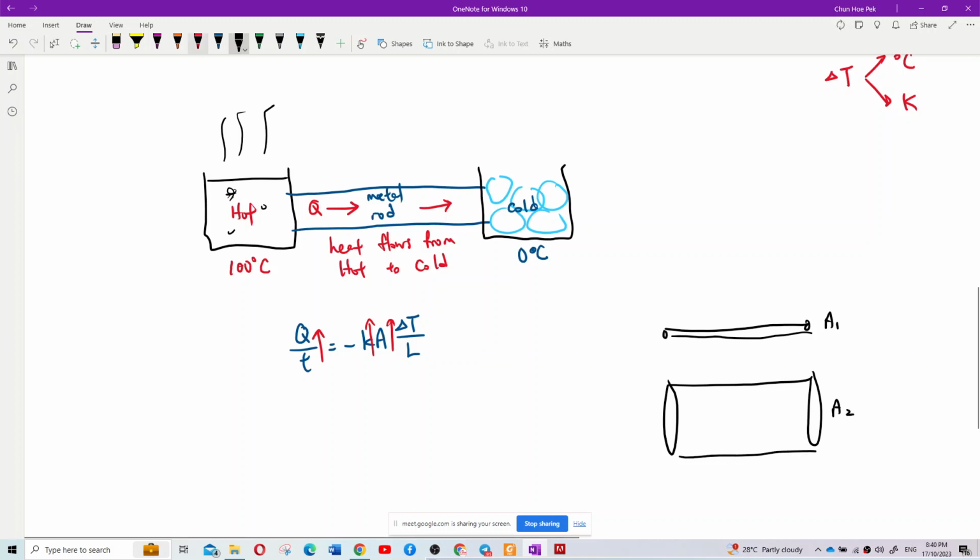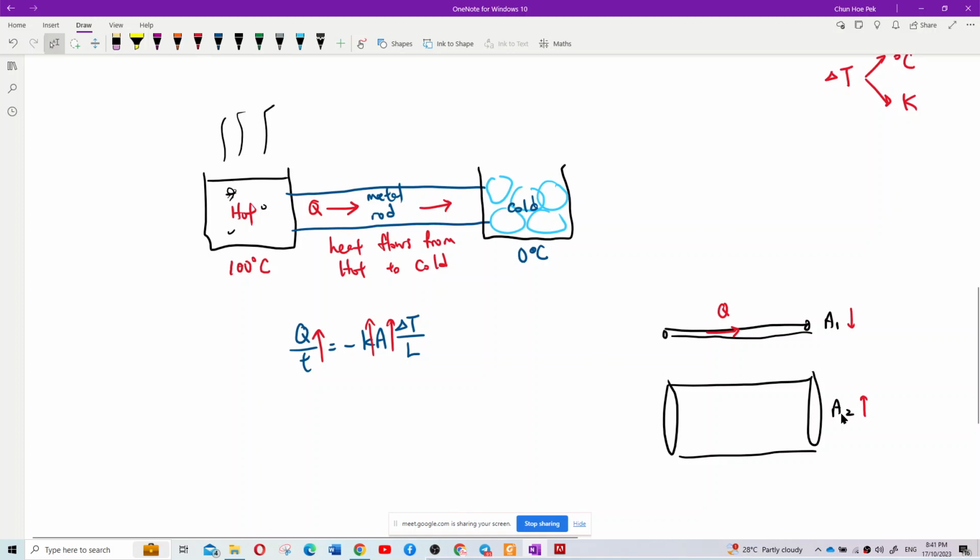Which one conducts heat faster? The big cross-sectional area or the small one? Yes, of course A2.